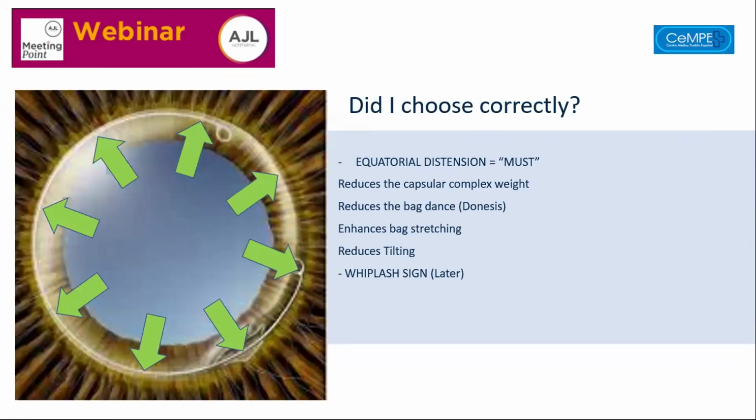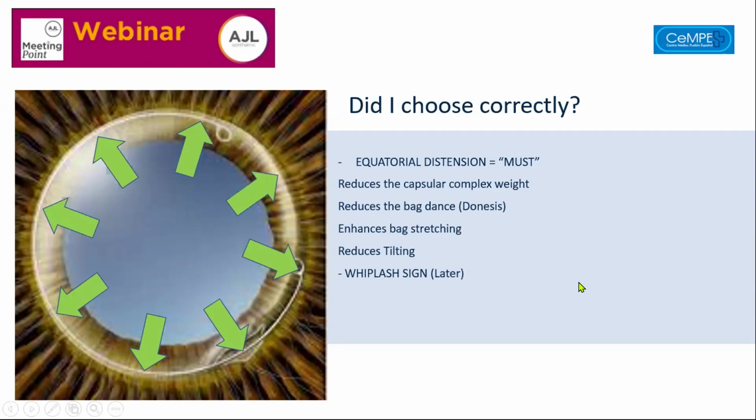So, okay, I'm going to choose the capsular tension ring. How do I know if I chose the size correctly? If I chose the right size for the CTR, then the CTR is doing pressure against the equator of the capsular bag.